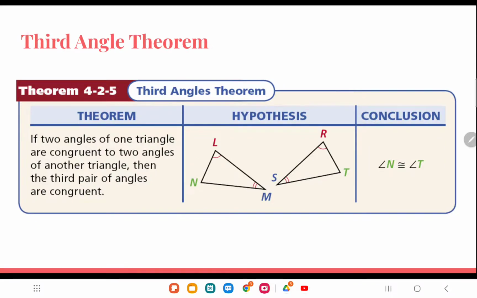The third angle theorem tells us if 2 angles of one triangle are congruent to 2 angles of another triangle, then the third pair of angles are congruent.